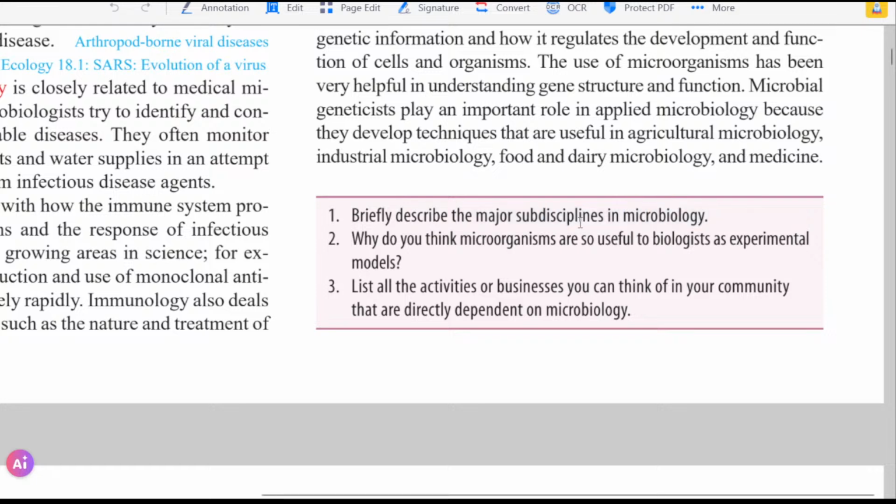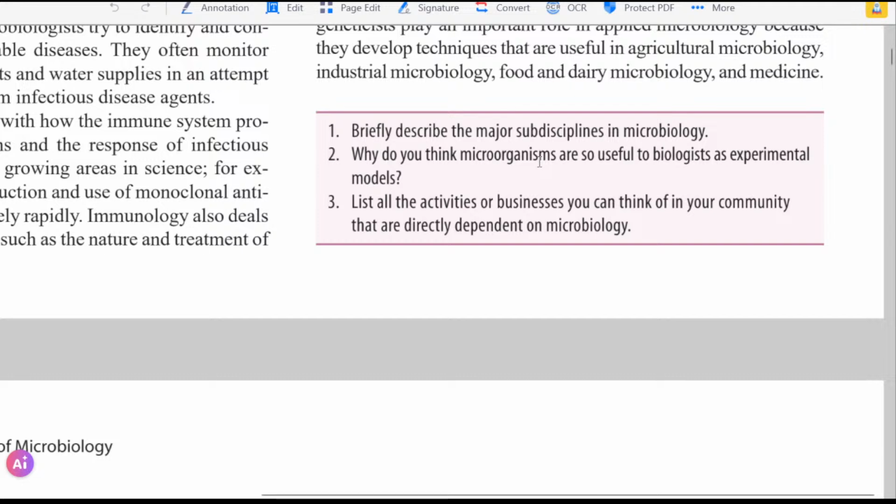Although the major ones are just 5, I think: bacteriology, virology, algology, mycology, and protozoology. These are the basics. And after that the other disciplines are immunology, genetics, microbial ecology, industrial microbiology. Well, there are a lot of them.